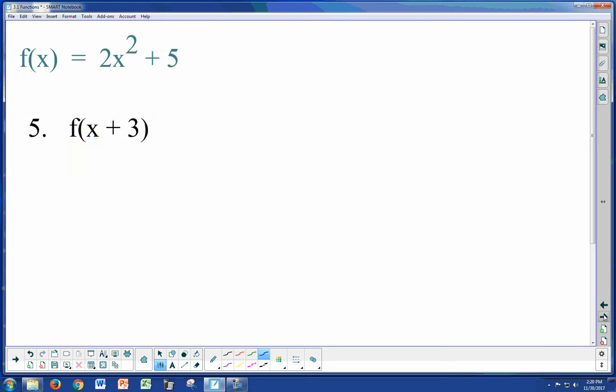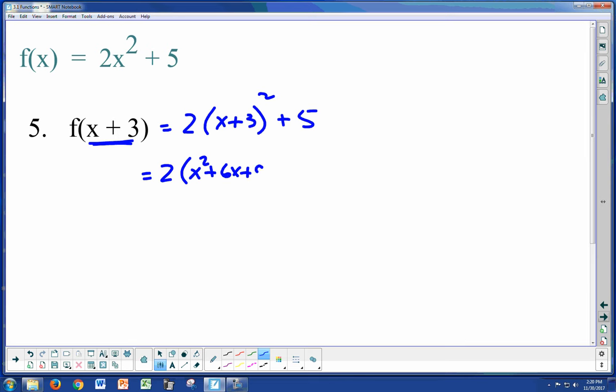And finally, we've got this one, f of x plus 3. So this time we're talking about plugging the whole thing in there. In that case, it's going to be 2, once again plugging that x plus 3 in for x, squaring it, and adding 5. Or in this case, further, x squared plus 6x plus 9, squaring that binomial, which of course we need to get real good at in these later chapters.